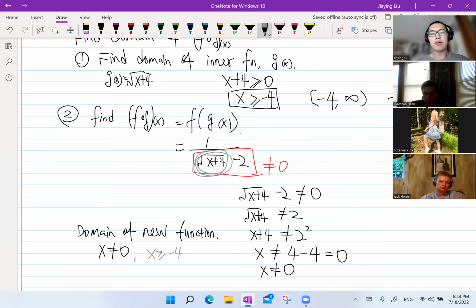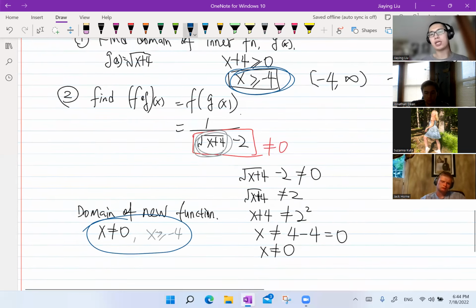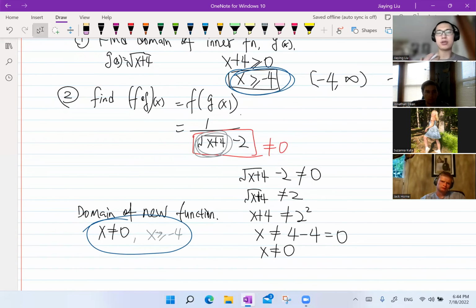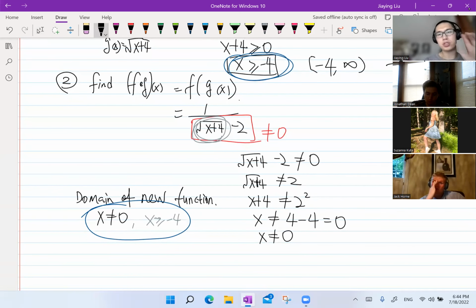But that's not the end of it. We have to double check, make sure that all the x values we pick are in the inner function, x greater or equal to negative 4, and also in the domain of the new function. Because anything we cannot have in the inner function, we cannot have for the domain of the composition function. So the domain of the inner function says x has to be greater or equal to negative 4.